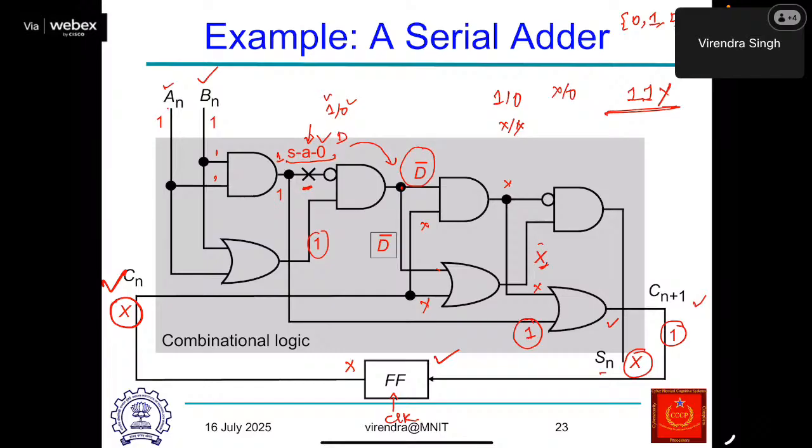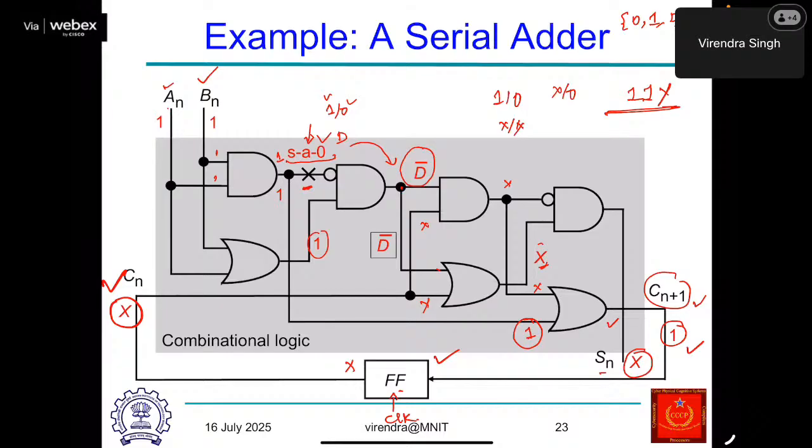Now the only thing is that I got to know that this value 1 is coming out on the output of the circuit. When value 1 is coming at CN1, that would be registered in this flip flop, and that means here it will be available in the next time frame or next cycle to the circuit.